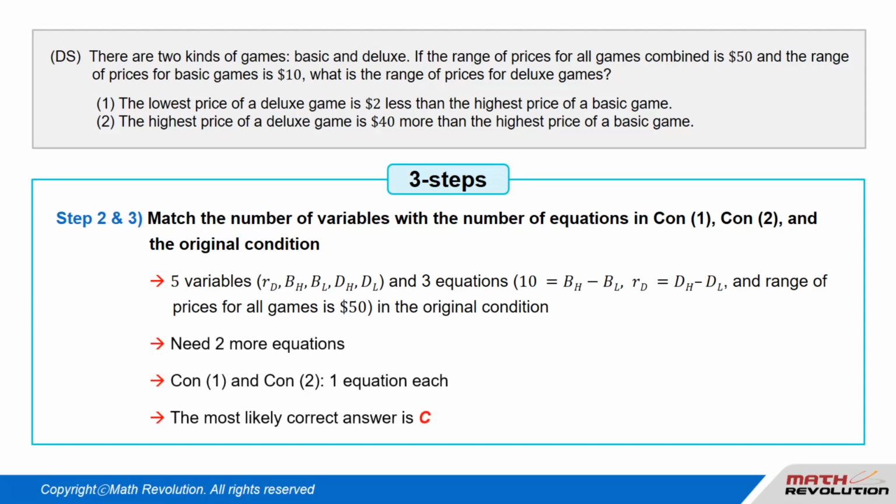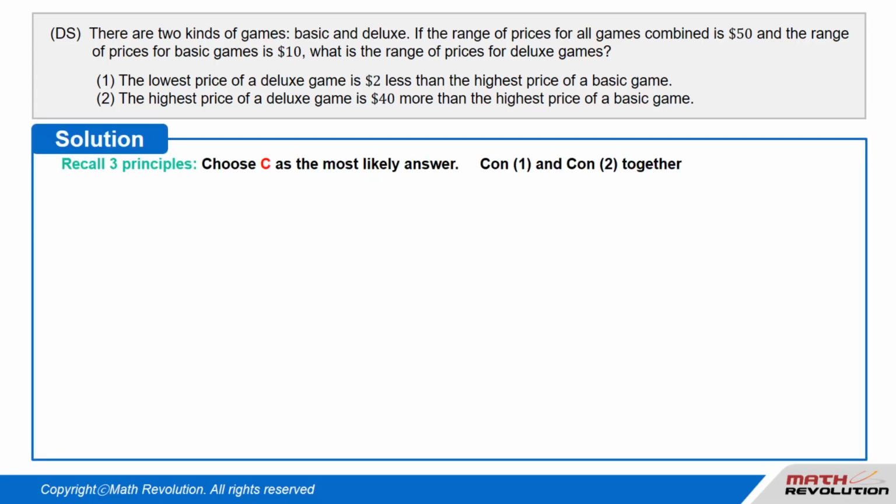To match the number of variables with the number of equations, we need 2 more equations. Since conditions 1 and 2 will provide 1 equation each, C would most likely be the answer. Recall 3 principles and choose C as the most likely answer.